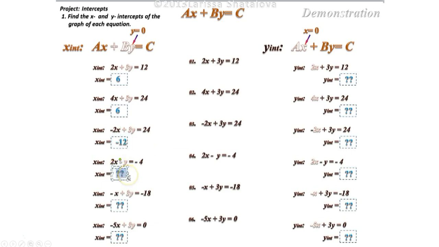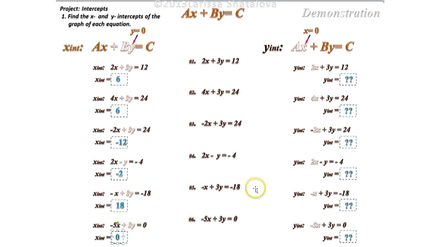Divided by 2, the x-intercept is negative 2. Next, negative 1x is negative 18. We have to divide by negative 1 both sides. The result would be positive 18. And next, negative 5x is 0. Divided both sides by negative 5. 0 divided by negative 5, the result is 0.